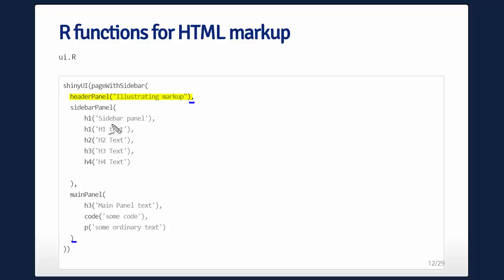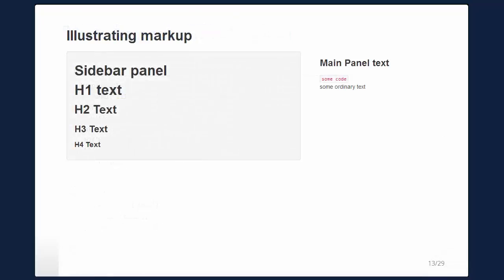So h1, I'm going to say h1 is in the sidebarPanel, and then there's got to be a comma there. h1 text, comma there, h2 text, comma there, h3 text, comma there, and so on. And so all of these things will render in the sidebar panel. The mainPanel, I've got three things: some main panel text, some code formatted as code, and p, some ordinary text right there. Okay, so this is just a simple UI function that shows the rendering.